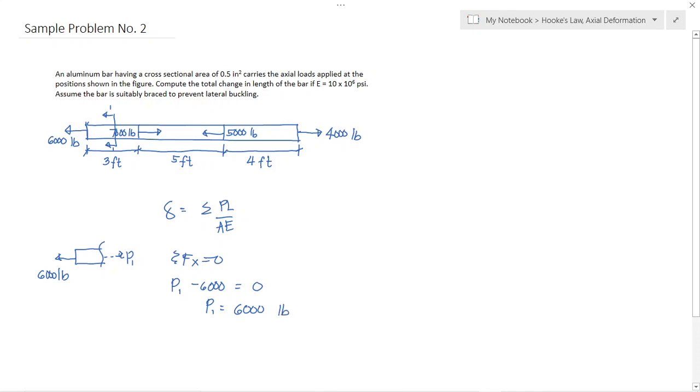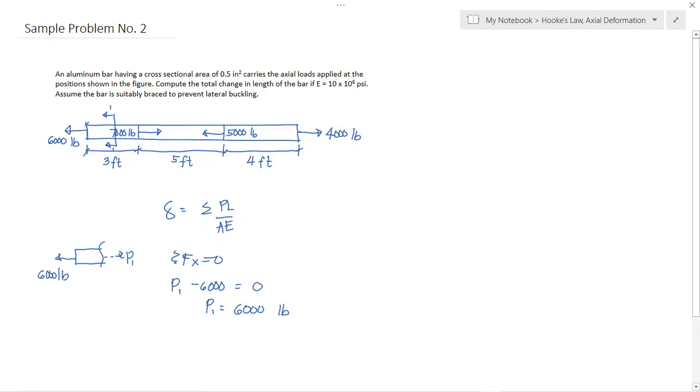Okay, the magnitude of the internal force at the 3 feet length from the leftmost part of the member is 6,000 pounds. Now, you need to identify whether the internal force is compressive or tensile. So, in this illustration, makikita natin that P sub 1 is in tension. Why?